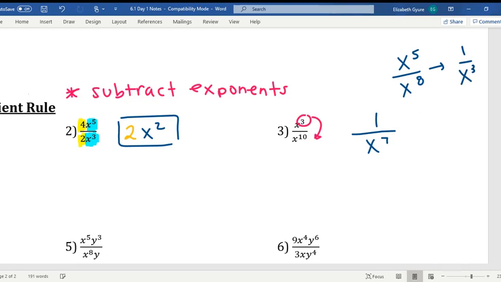If I had x to the 2nd over x to the 5th, what's 5 minus 2? 3. So I would have 1 over x to the 3rd. If I had x to the 4th over x to the 8th, what's 8 minus 4? 4. So I would have 1 over x to the 4th.